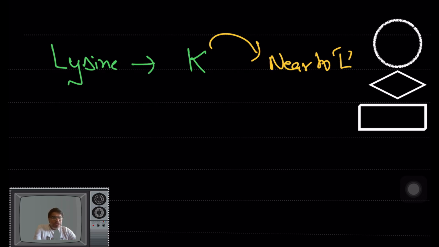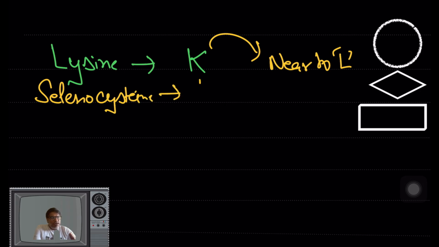Next, selenocysteine. Earlier no letter was assigned to this, but now keep in mind U has been assigned. U for selenocysteine. The X means any amino acid. When we have no clarity about which amino acid is there in the sequence, we write X.